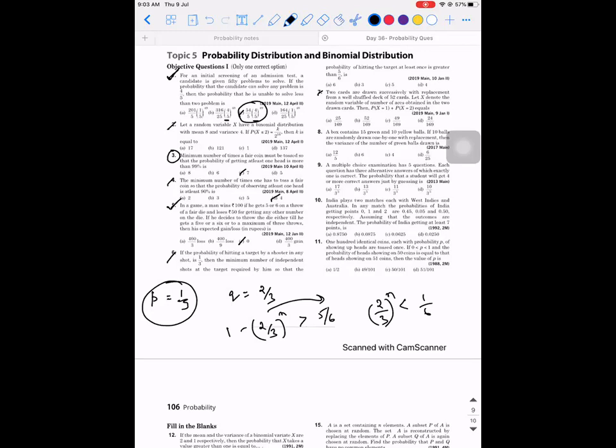You can write 6 as 3 into 2. And 2 power n plus 1 is less than 3 power n minus 1. Is this how you solve?